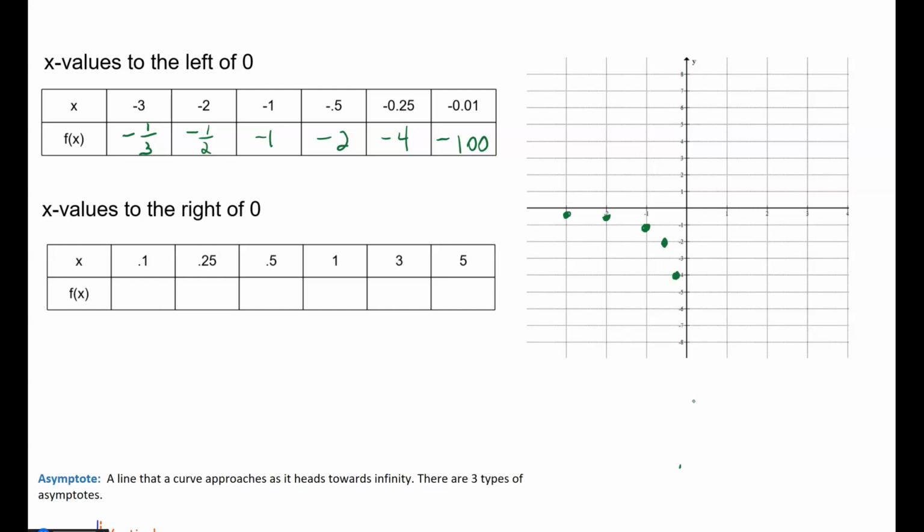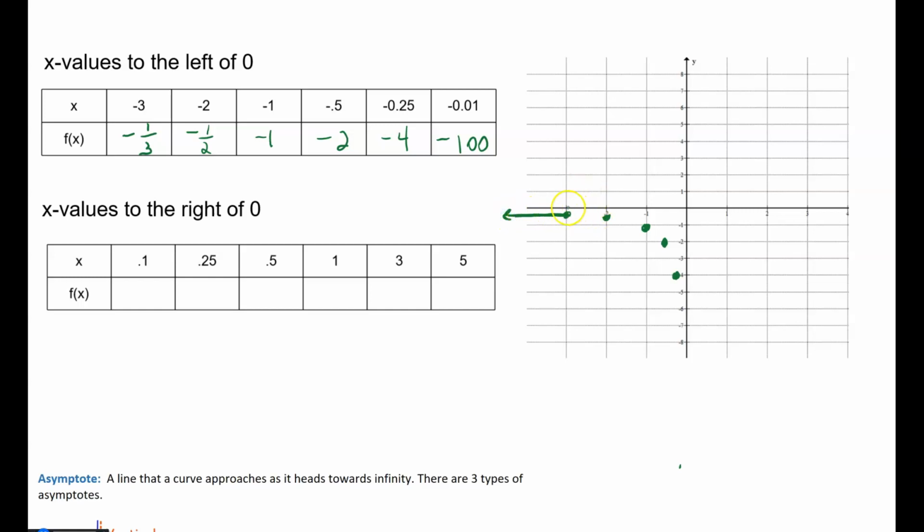Okay. Now, if I think about what's happening as I go further to the negative side, so let's say I tried -100, I would have -1 over 100, which again is a very, very small value. And so on this side, I continue getting closer and closer to 0, okay, but not ever touching it.